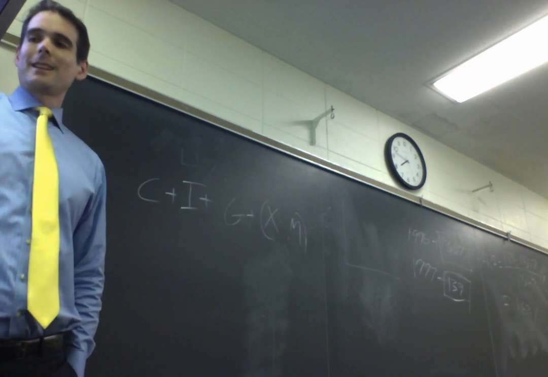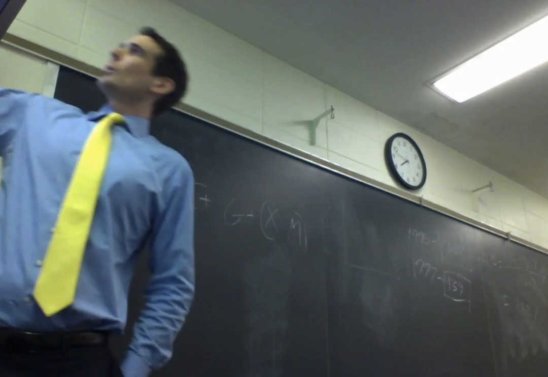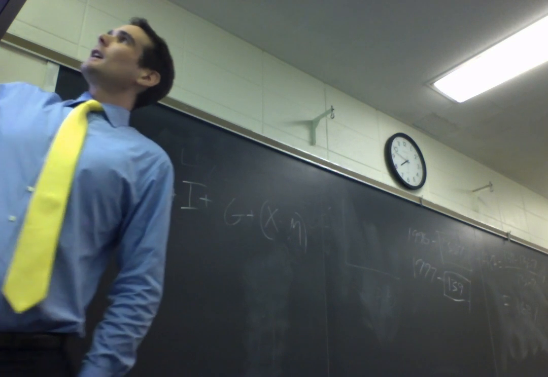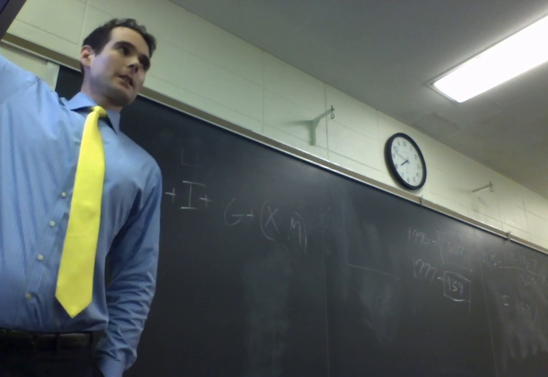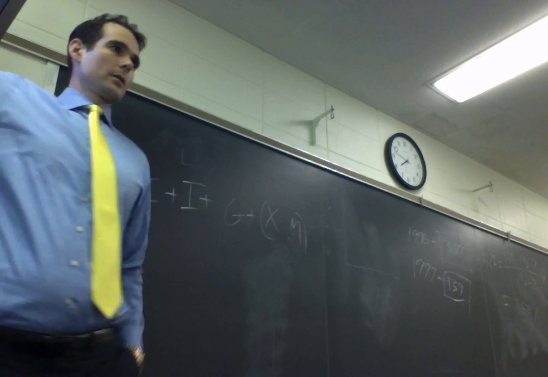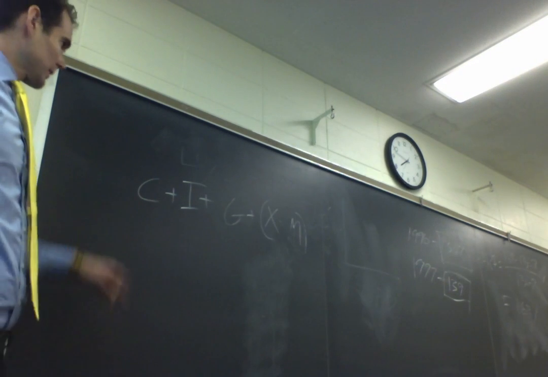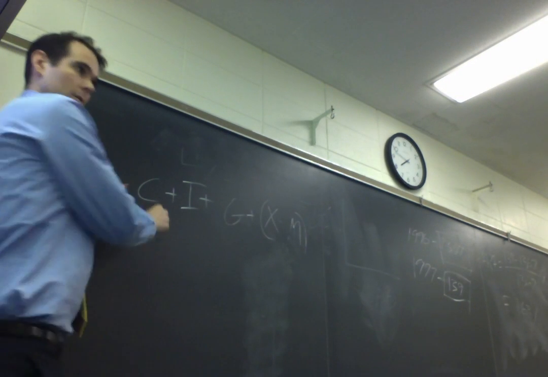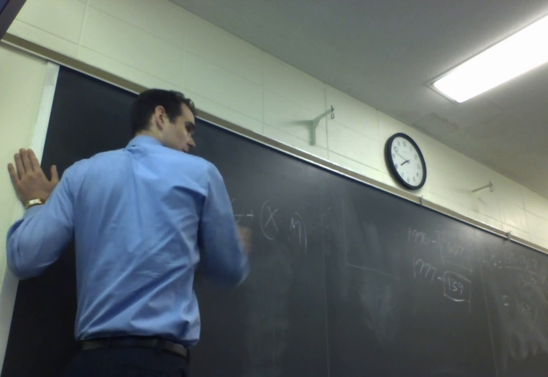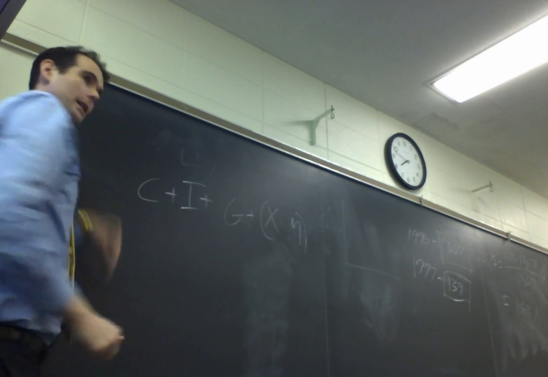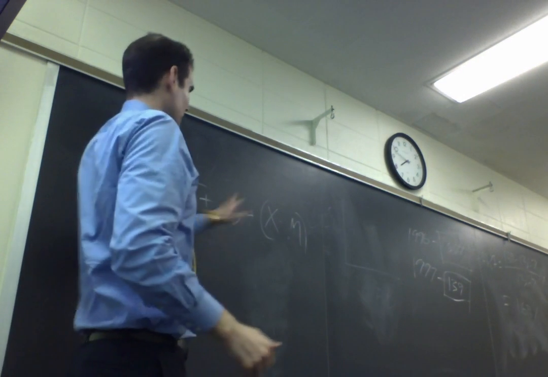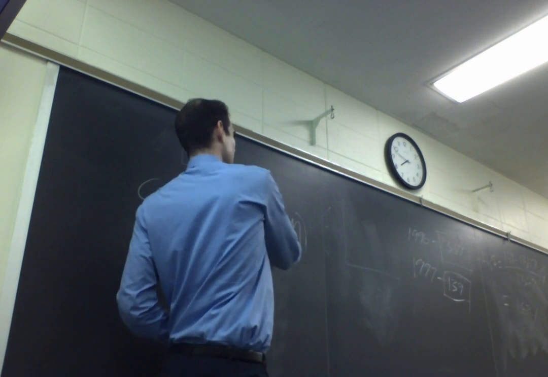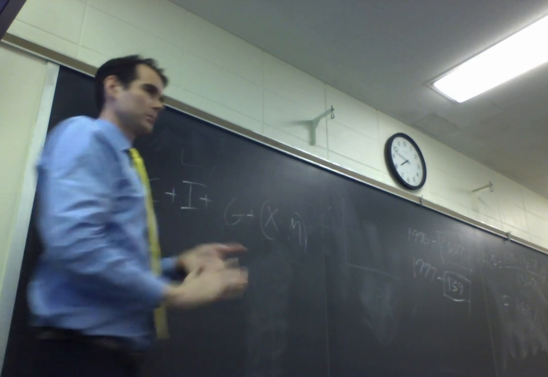So if we are at this dotted line, and all of a sudden there is a shift in aggregate demand. And why might there be a shift in aggregate demand? One of these reasons, perhaps. Consumer spending goes down, investment goes down, government spending goes down, we start losing the trade battle.